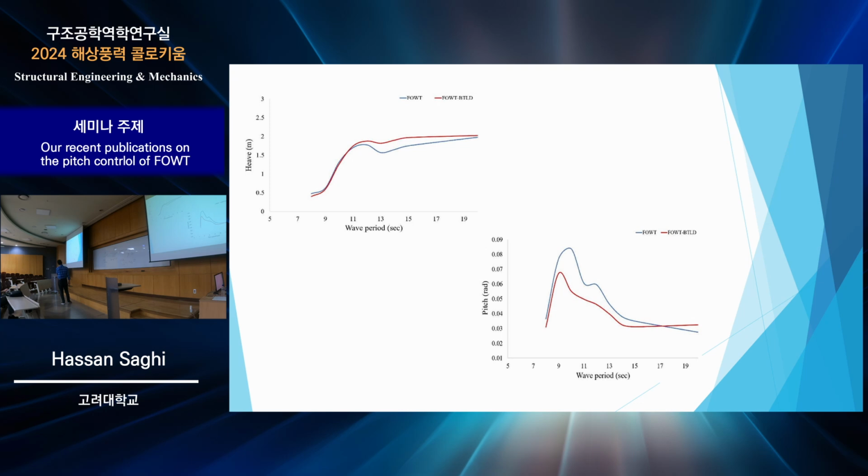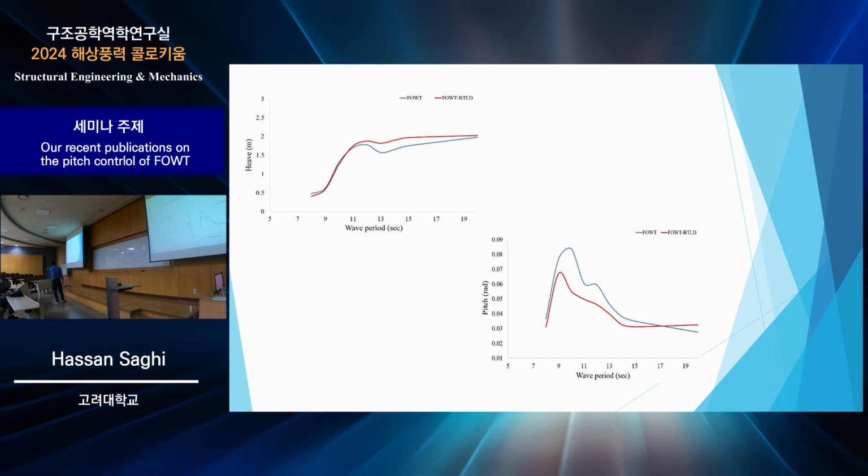In this figure, we can see the modeled wave periods from 8 to 20, and we compare the maximum pitch motion of the barge.